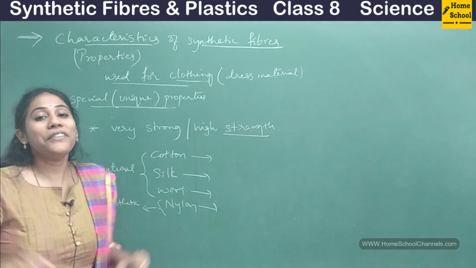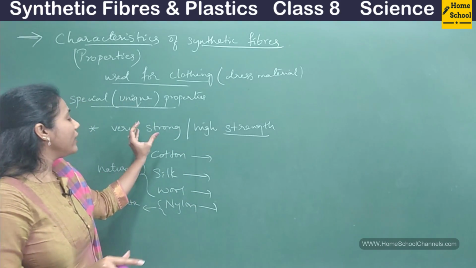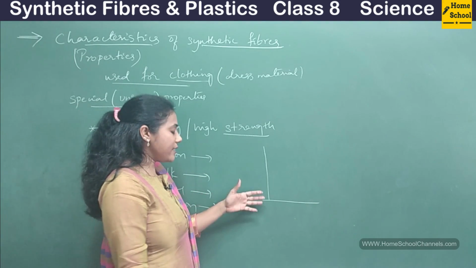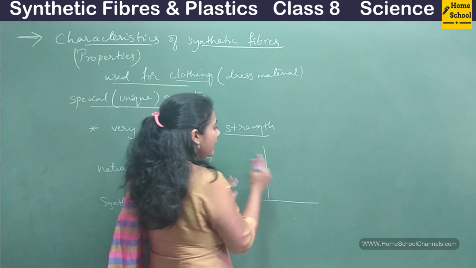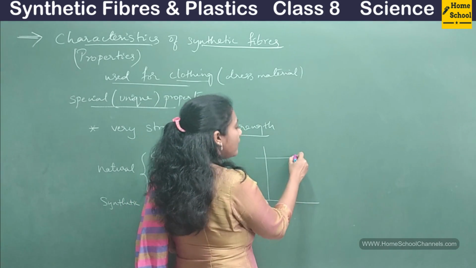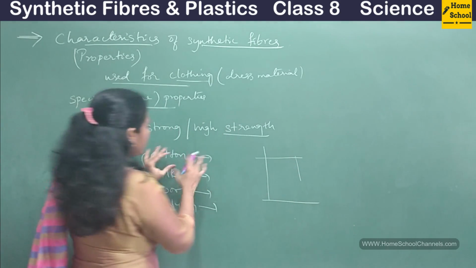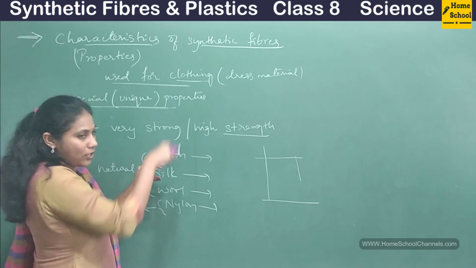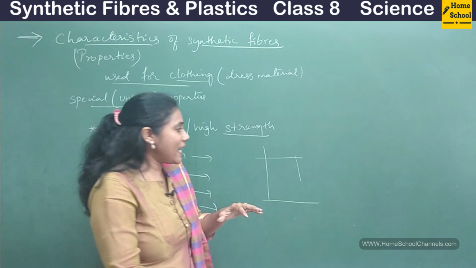So when I ask you which one is more strong, whether cotton, silk, wool or nylon, how will you check it? We have an activity to check the strength of these fibers. As mentioned in the textbook, we will have a stand, and to it we will tie a particular fiber. You take a cotton piece, silk thread, woolen thread and nylon thread of the same sizes.